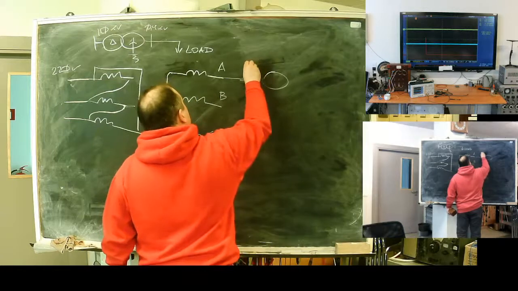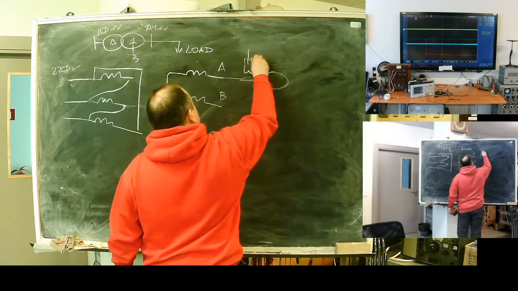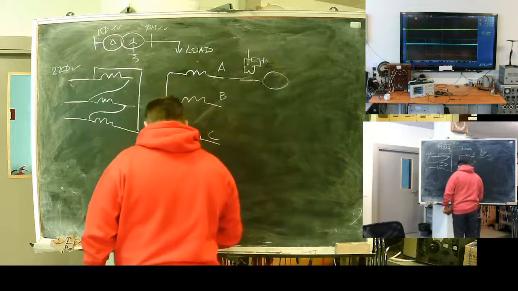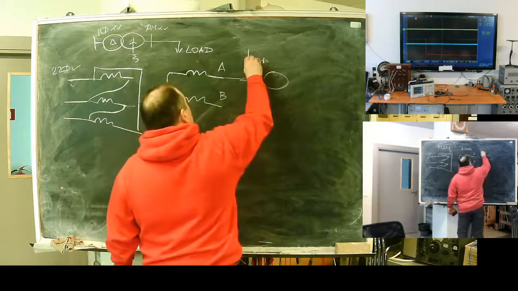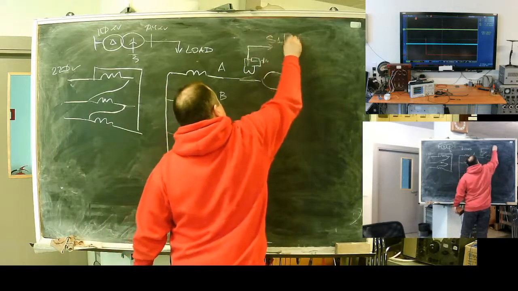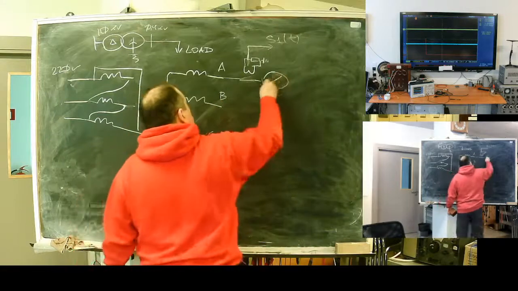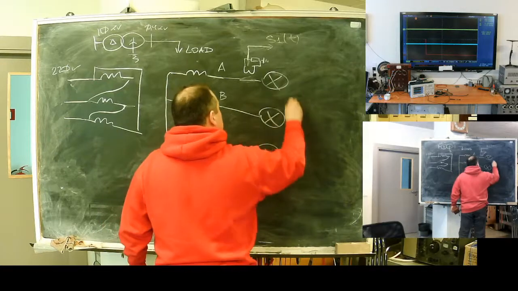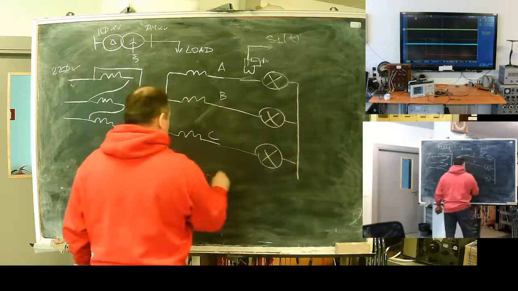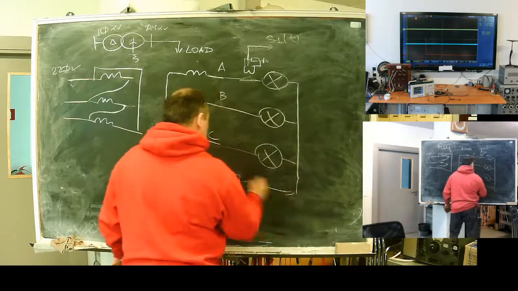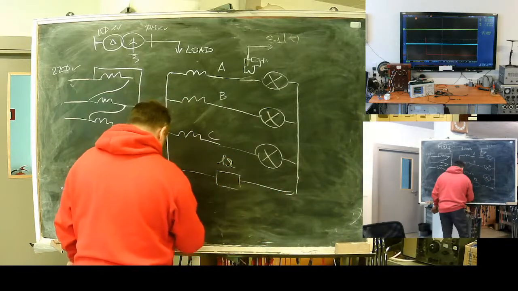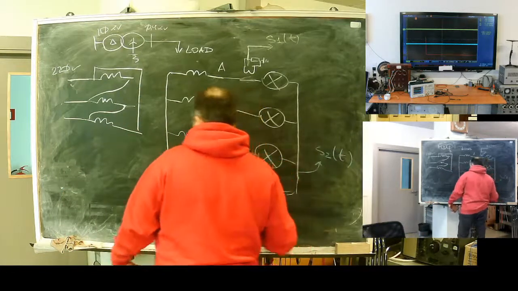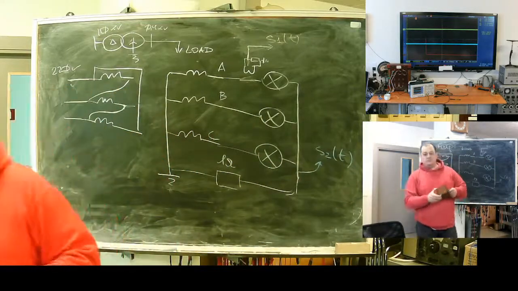Okay, I'll put a current sensor here, and this will be our yellow signal. As a load, I will use old and ineffective incandescent lamps. In the neutral, I will put a 1 ohm resistor, and this voltage will be our second signal.